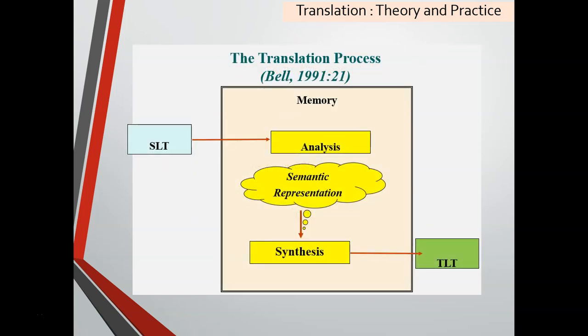Another version of the translation process was explained by Bell in 1991, and Bell says that everything happens in the memory of the translator. If you have, for example, a source language text, as you can see on the left-hand side of the screen, this source language text needs to be analyzed, and then it needs to have a semantic representation in the memory of the translator, and then that semantic representation is synthesized or recreated in the mind in order to yield the target language text.